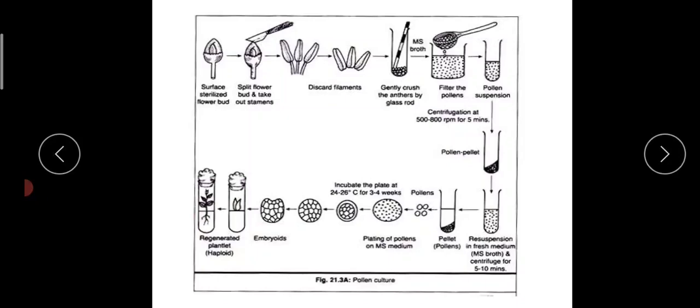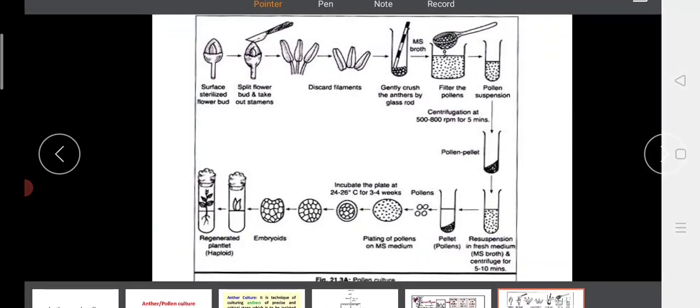Because these plants are regenerated from pollens, and pollens are gametes, and gametes are haploid, that is why we get haploid plants. So regeneration of plants from gametic cells like pollen or from the ovum gives haploid plants. This is how we can regenerate haploid plants. I hope you are clear with this concept.